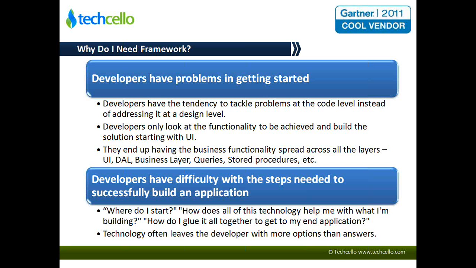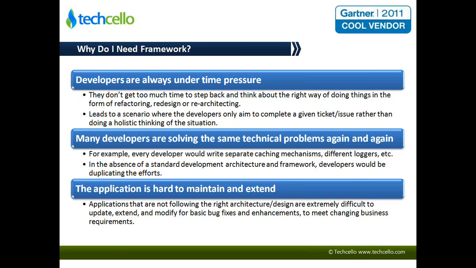So where do I start, what kind of technology should I use, and how do I glue all these different pieces together? So they are often kind of left to make decisions on their own. Sometimes it goes wrong. And more importantly, developers are under time pressure, so every project has its own constraints. So they end up taking up shortcuts.